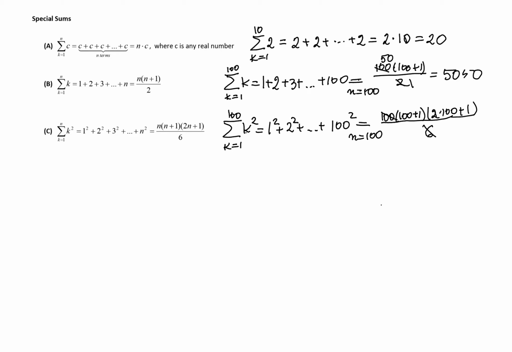Immediately I can reduce 100 over 6 to get 50 over 3, and therefore the answer is going to be 50 times 101 times 201 over 3. If you do that multiplication and division, we'll have 338,350.